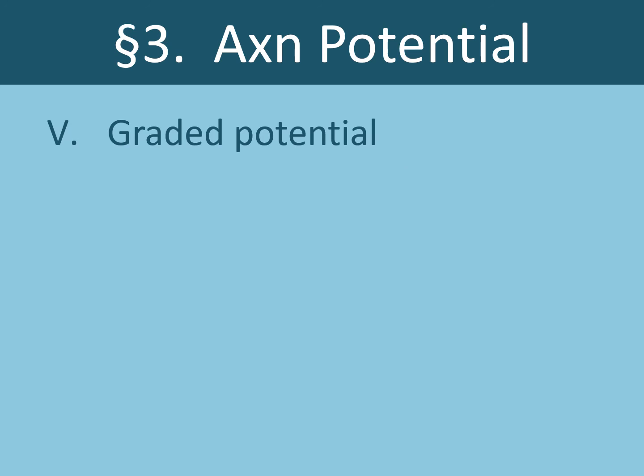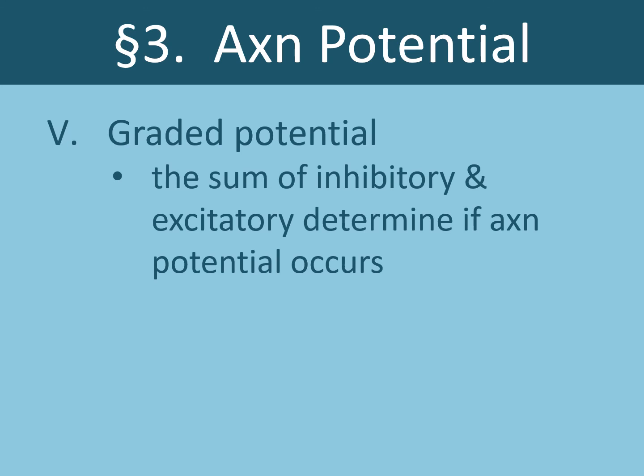What's the point of a graded potential? That's to trigger an action potential or inhibit an action potential. And it's the sum of all these inhibitory signals and excitatory signals that will ultimately determine if an action potential can occur.